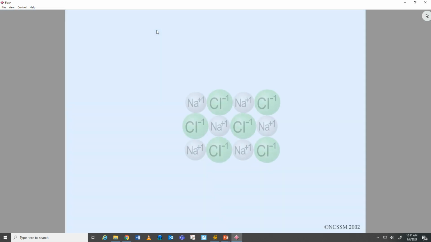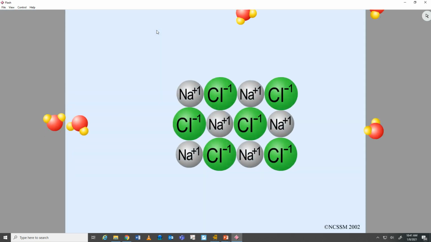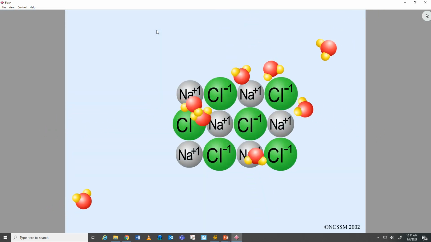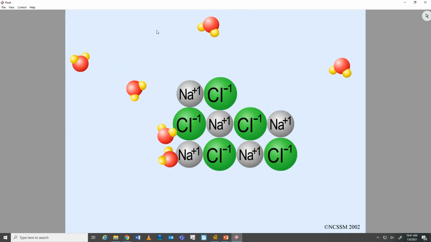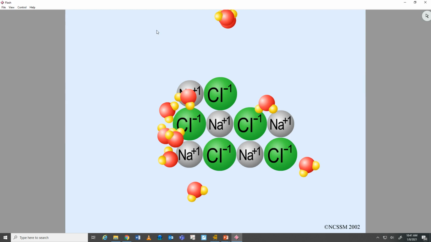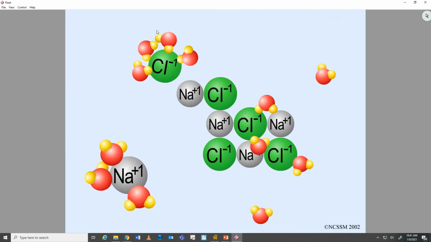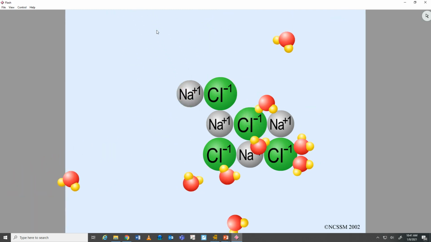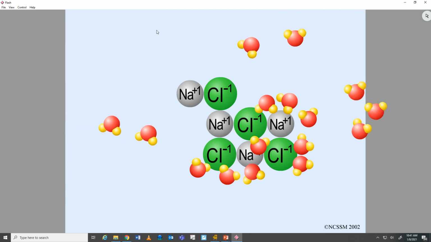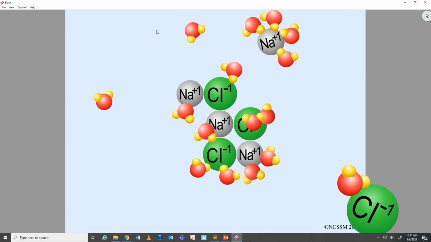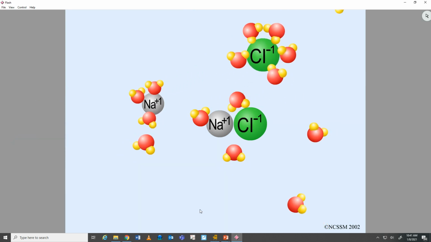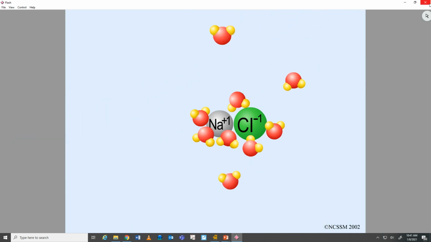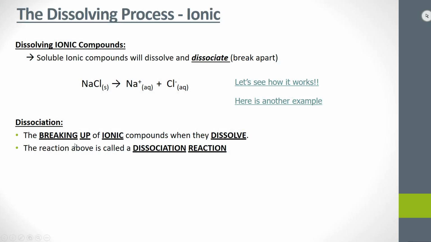So we can actually have electricity flow through this. So when you talk about Gatorade having electrolytes, it's because it's got salts in it. Maybe not table salt, but it might have potassium chloride, which is important to replenish the electrolytes in your body, other types of salts. Basically, any ionic compound can be called a salt. And that bottom one is the one that's wrong. But anyways, hopefully you get the idea.